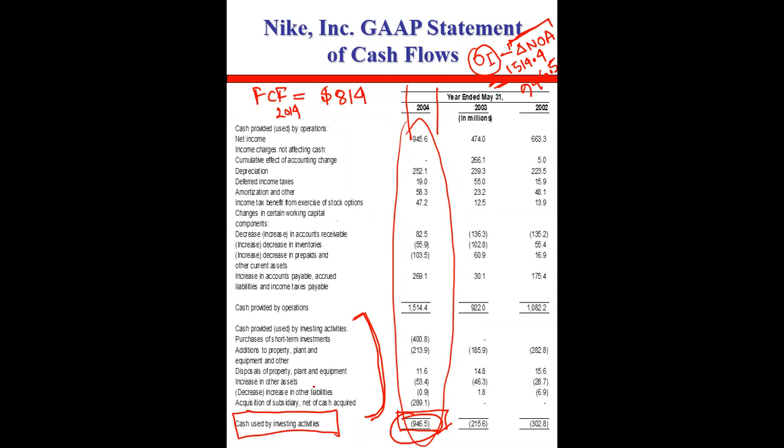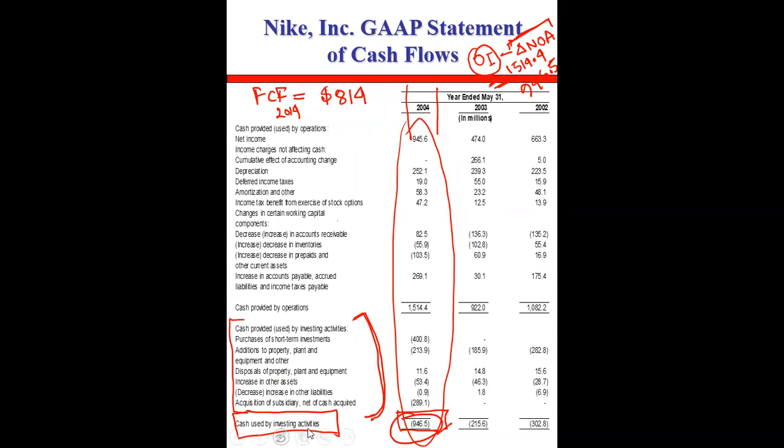Because the standard cash flow statement identifies the investment in a way which includes both investment in operating asset, also investment in financial asset.